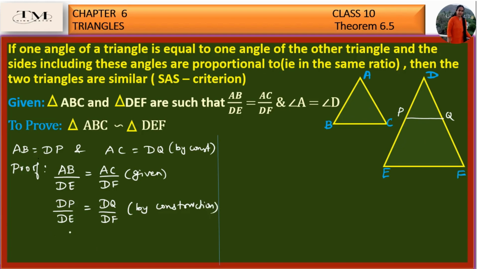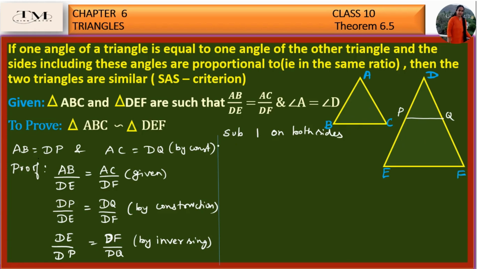Next step, I am going to invert this. So, DE by DP is equal to DF by DQ, by inversing. Next, I am going to subtract 1 on both sides.